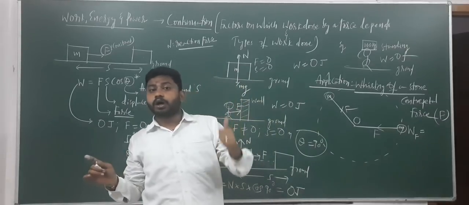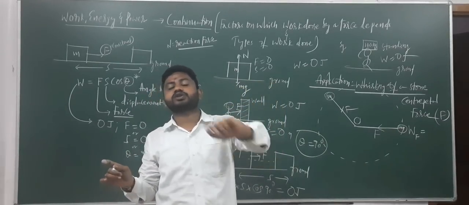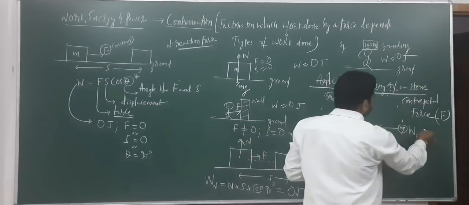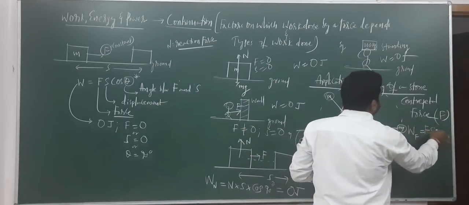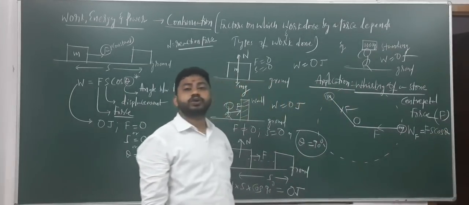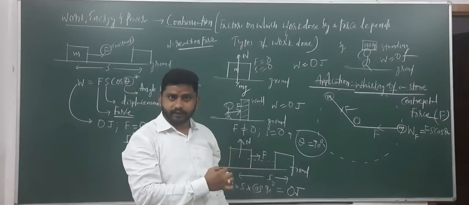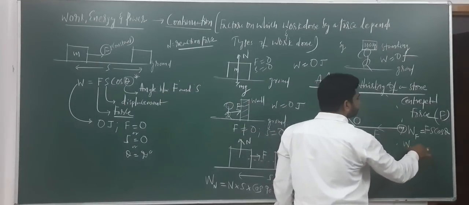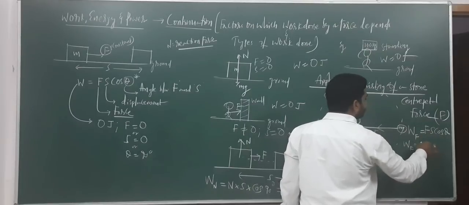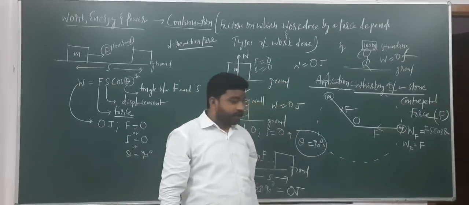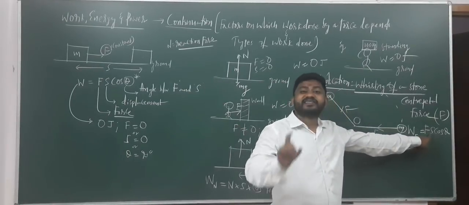Whatever the force, the formula is F S cos theta. F into S into cos theta. Work done by the centripetal force is equal to F, the centripetal force, into S. What is S here? S is a vector quantity, it's the displacement.